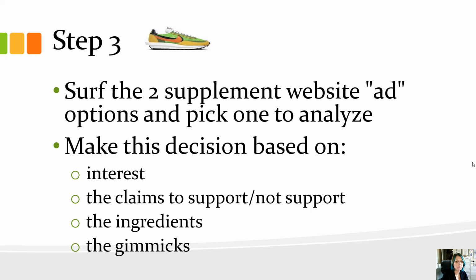Make this decision based on your interest. Maybe you are interested in a product that I listed for you, or your decision might be based on the claims to support or not support, based on the ingredients and the gimmicks.